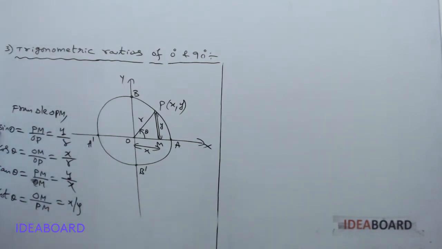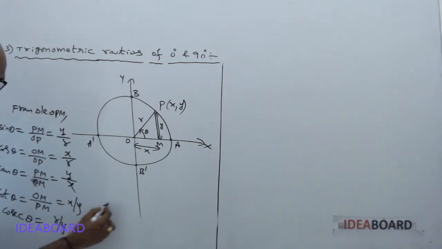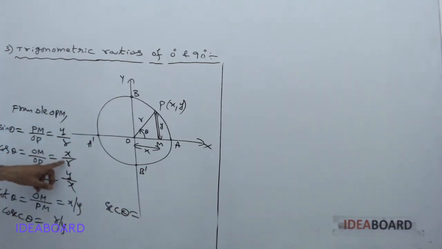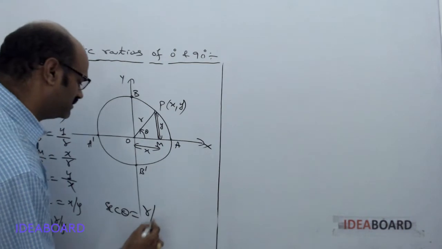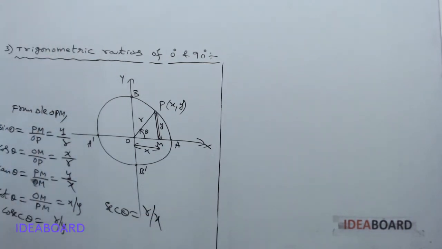Next, cosecant theta equals r by y. Secant theta equals the reciprocal of cos, so r by x.